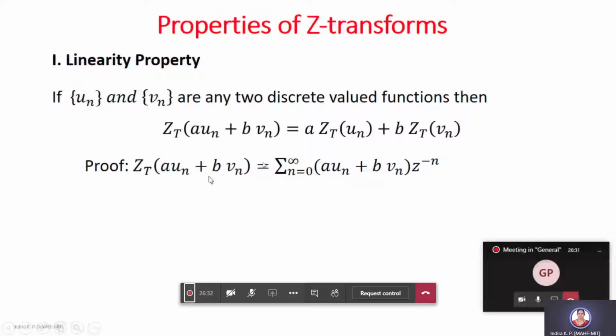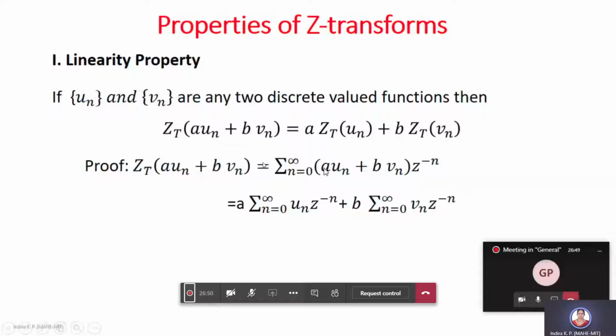How do I prove it? By definition, the transform of the sequence is the nth term multiplied by z to the power minus n, and that is equal to a into summation of this.